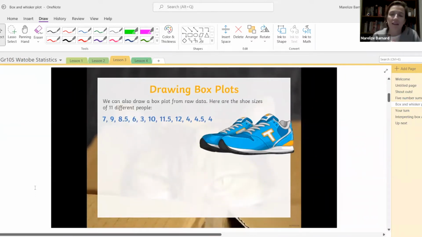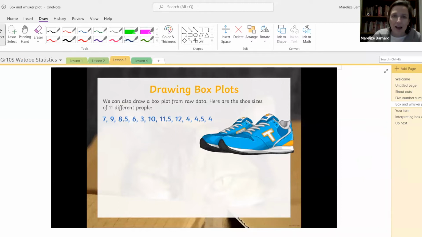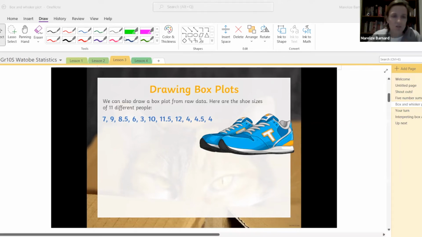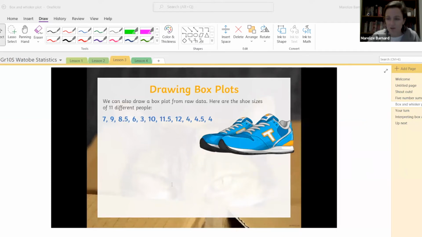Okay, so here is our example. We've got our box and whisker plot that we're going to draw now. We're going to use the data for the shoe sizes. So we've got 7, 9, 8, etc. And there are 11 different people, 11 data values. So let's start by rearranging this data from smallest to biggest. To save us time, I've done that already.